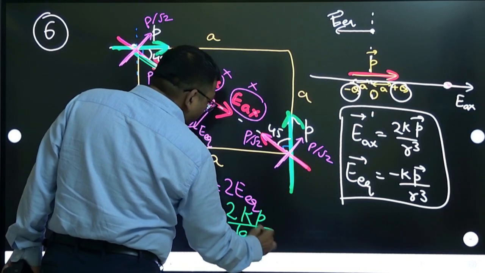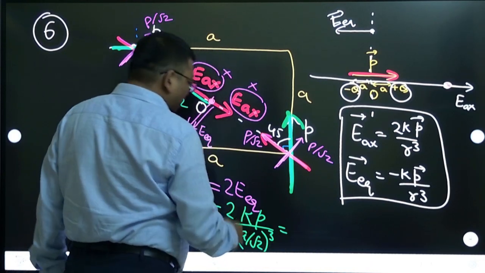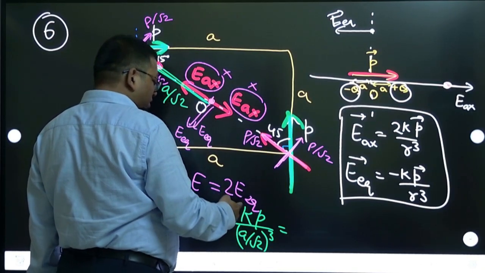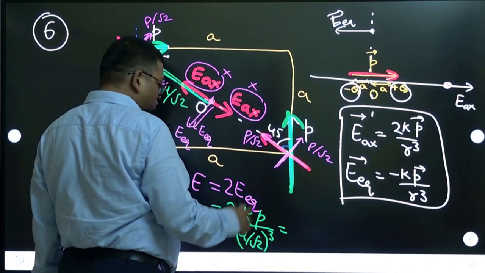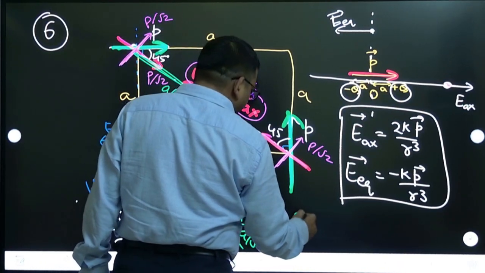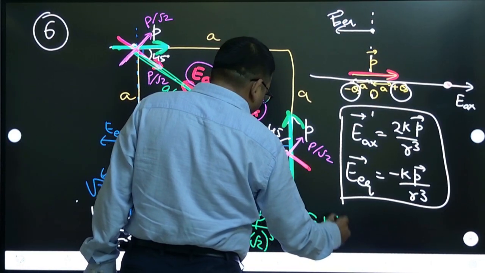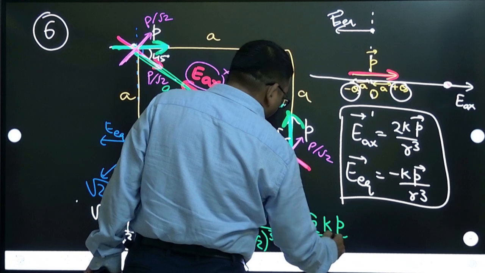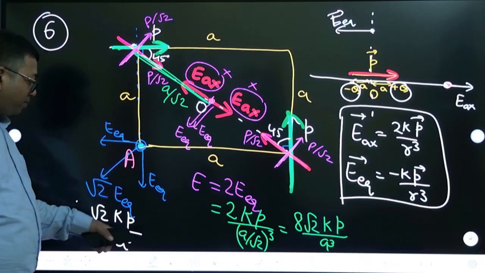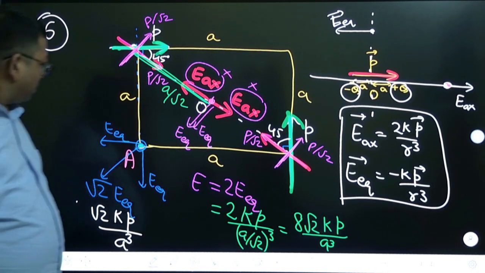So how much will it become? Check that root 2, root 2, root 2, 3 times will come in the denominator. So root 2 root 2 root 2, root 2 4, 4 into 2 is 8, 8 root 2 kp by a cube, right? And this was root 2 kp by a cube, correct?